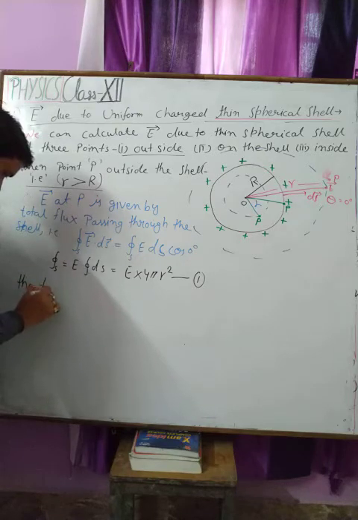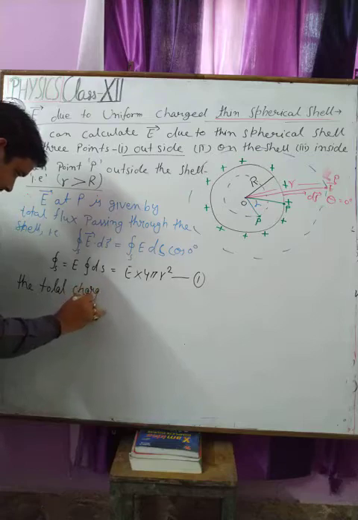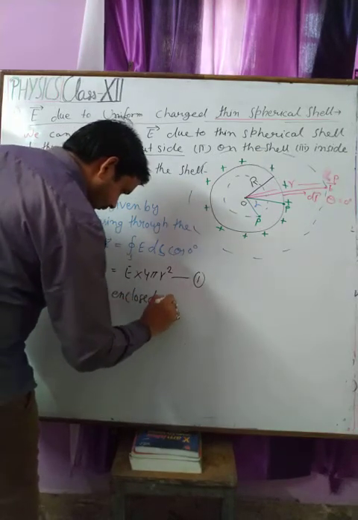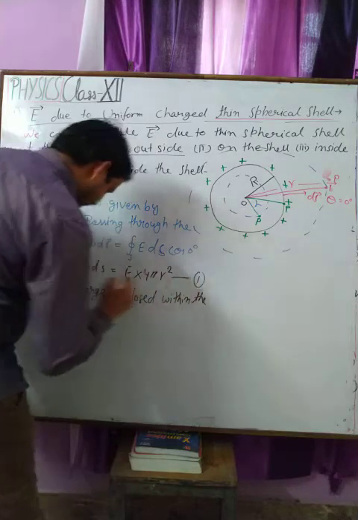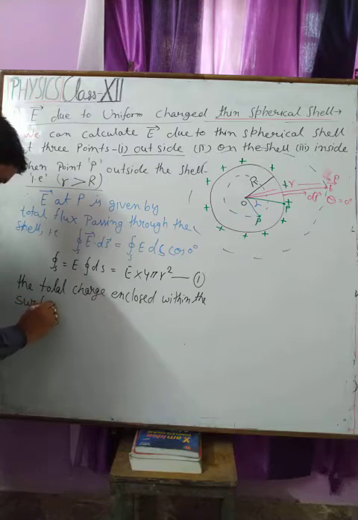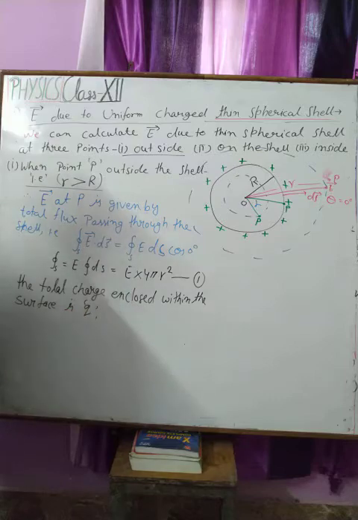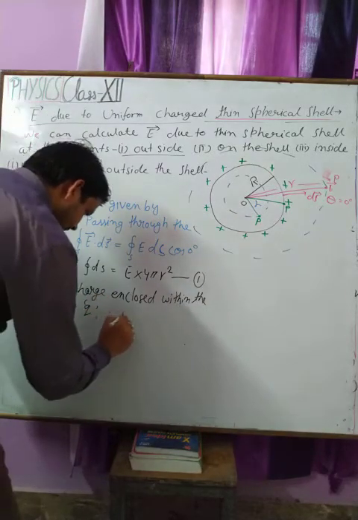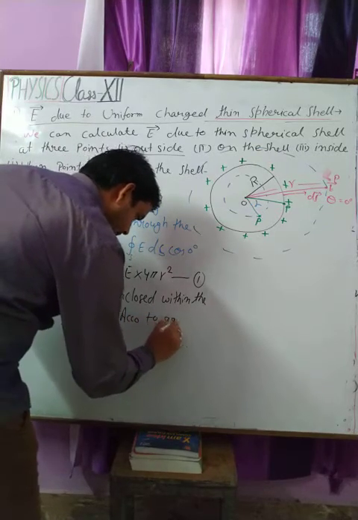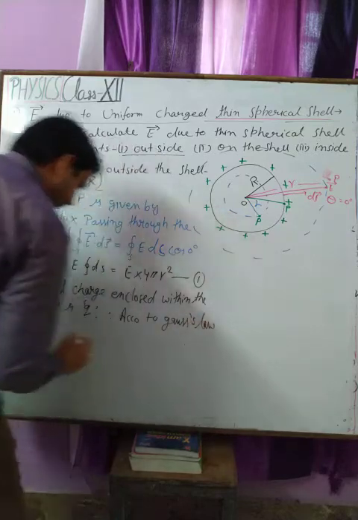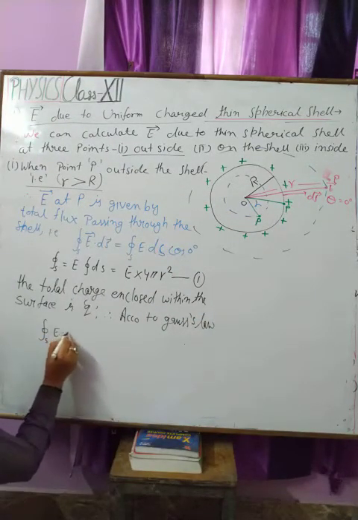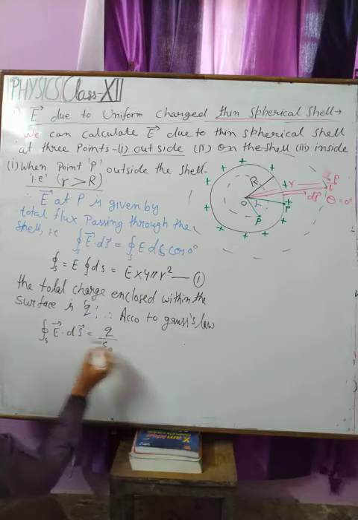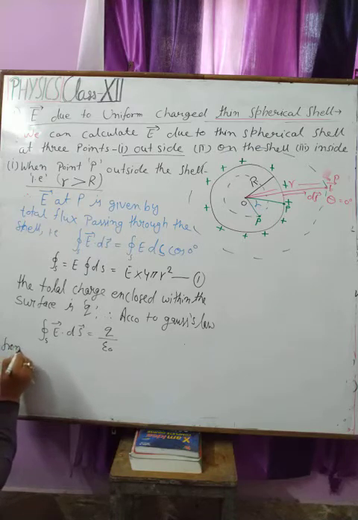The total charge enclosed within the surface is Q. Therefore, according to Gauss's law, electric flux E dot ds is equal to Q upon epsilon naught, and we have the value of the flux from equation first.